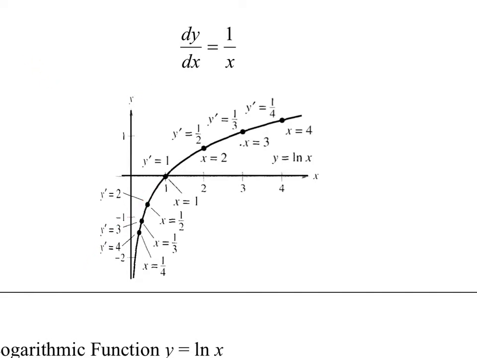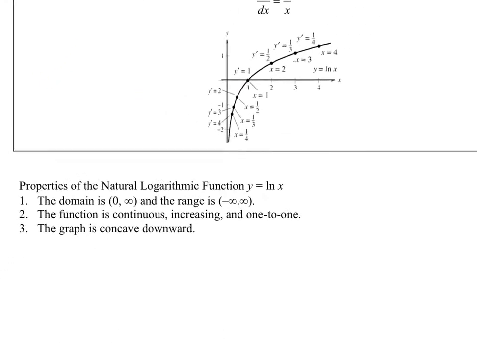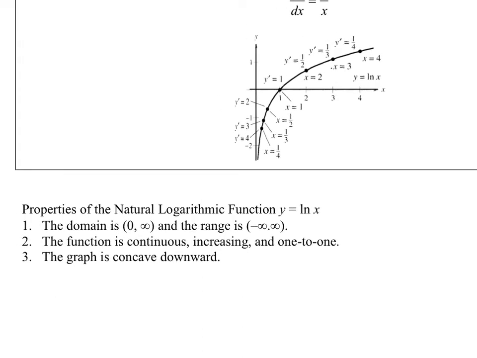Now, let's review a little bit about our natural log function. Remember that the domain is only good when x is greater than 0. That's why up above when we did the integral, it had to be the absolute value of x, because x has to be greater than 0. Also notice that the range is all real numbers. The function is continuous, it's increasing, and it's 1-to-1. How do we know it's always increasing?